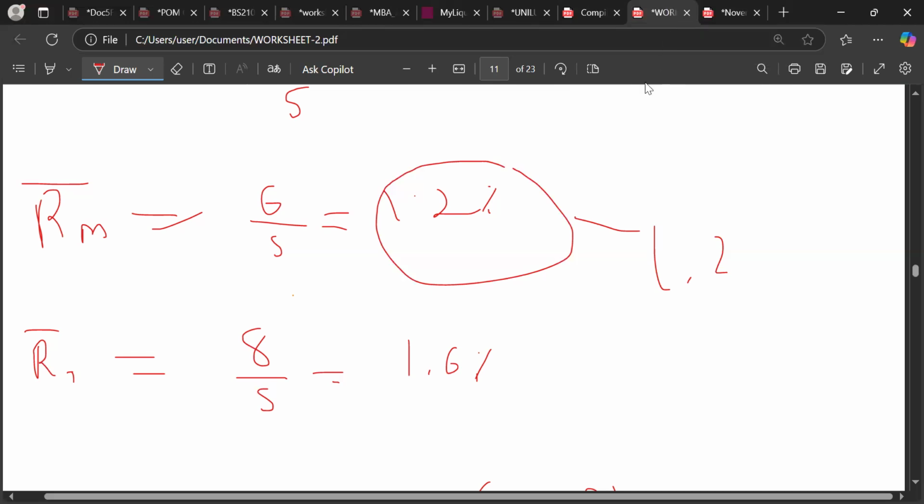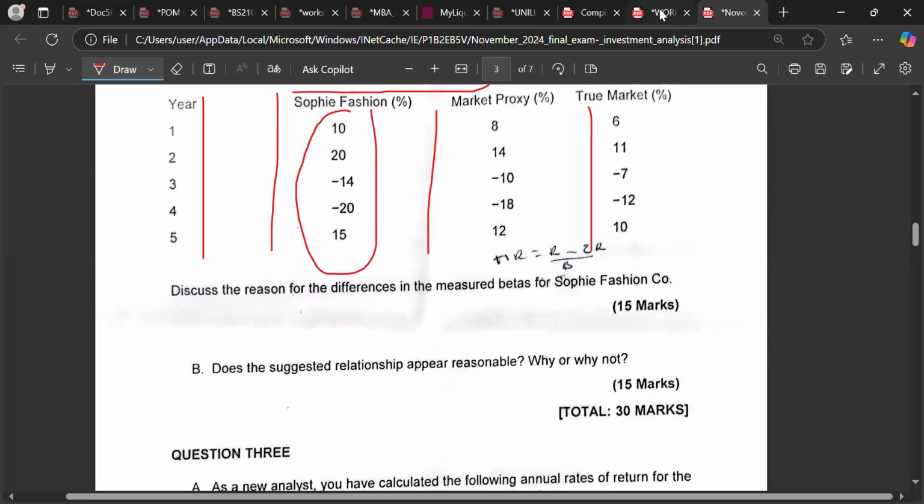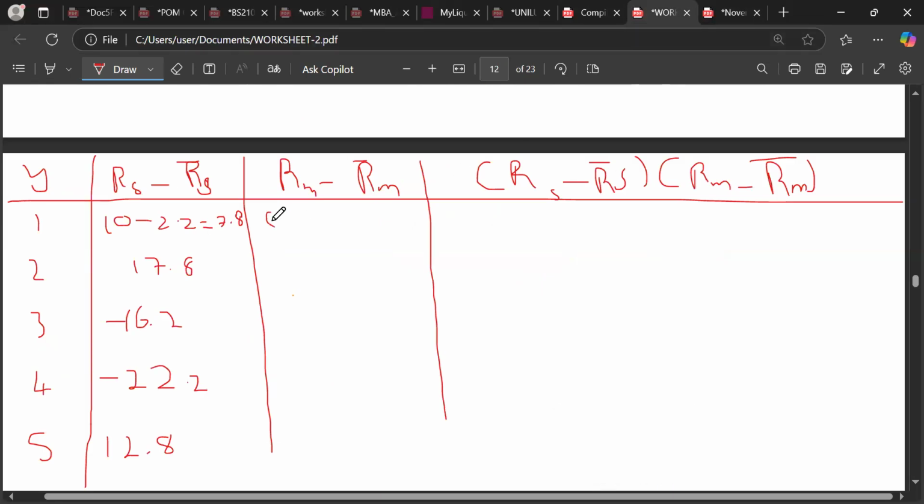For the first one, it will be the individual return, which is 8 minus 1.2. Are we getting 6.8? Are we following?